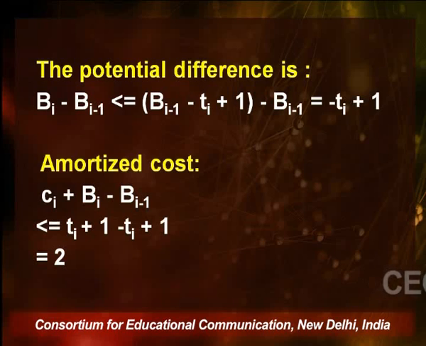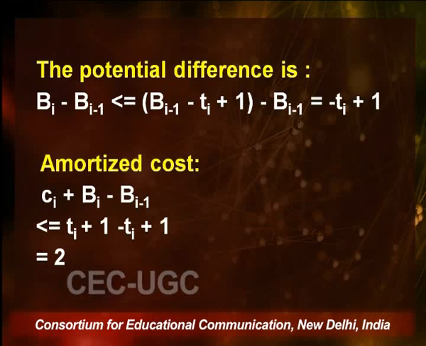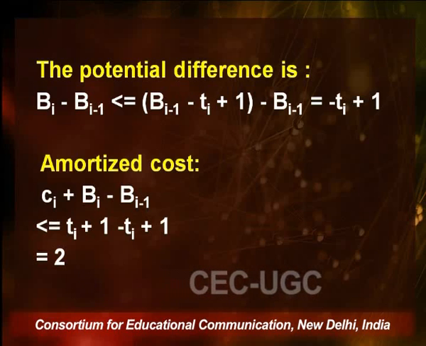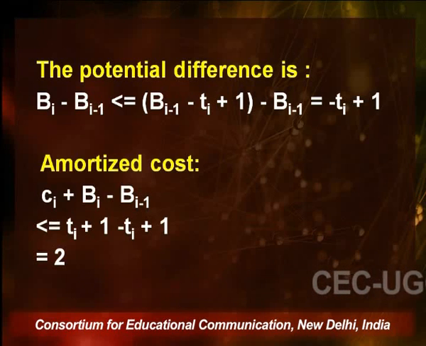So, we have t_i plus 1 as the actual cost and 1 minus t_i as the potential difference calculated on the same slide. Finally, we have cancellation of the t_i terms, and we end up with a constant 2. So, the amortized cost for one increment operation is actually 2.